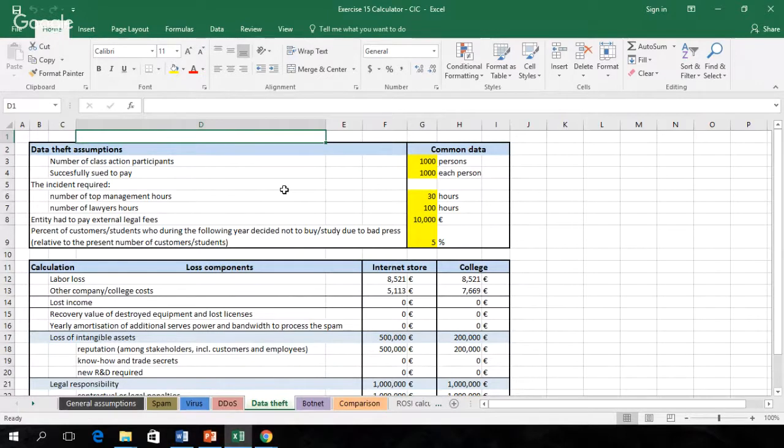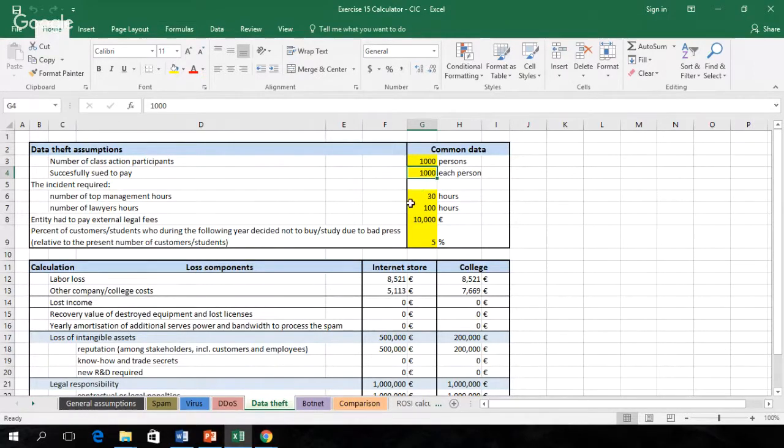To cover the damage, 1,000 people receive €1,000 each as compensation. This is a typical loss of a small company in a data theft case. Cell G3 shows the number of victims, and the amount to be paid to each of them is in cell G4.